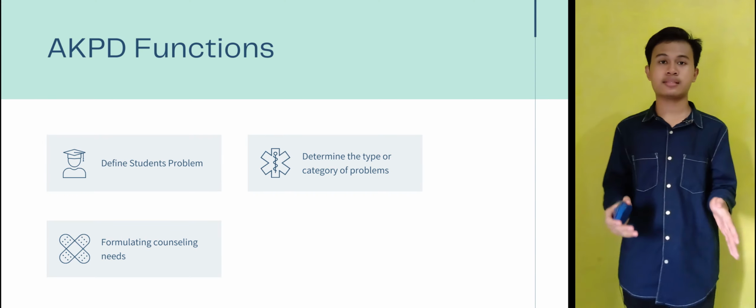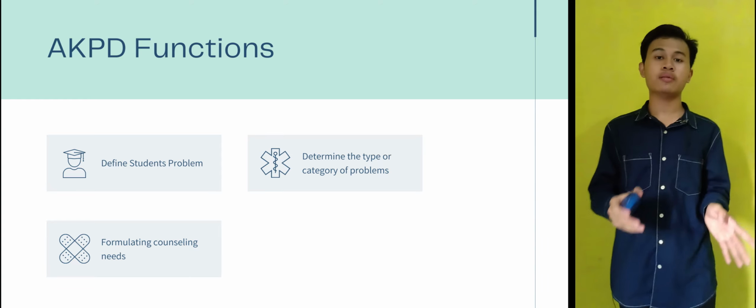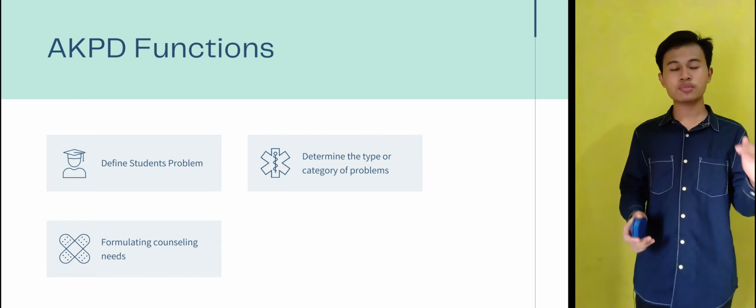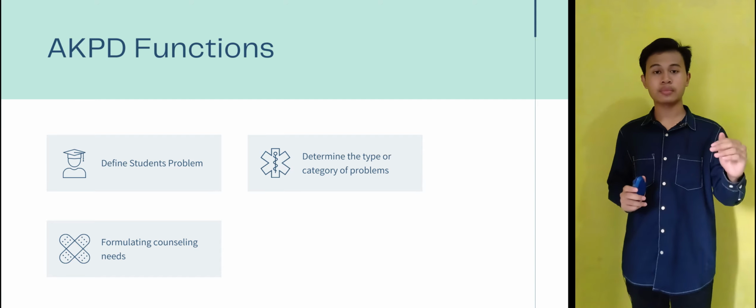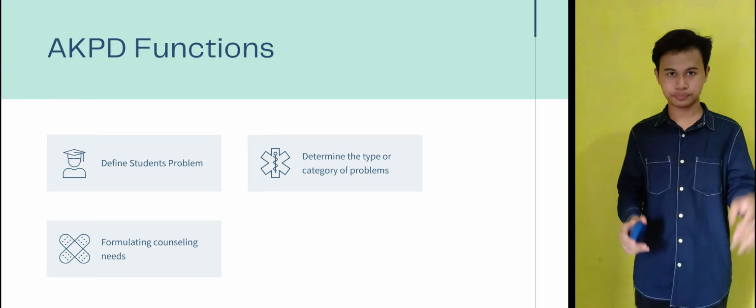Okay, the next is the function of AKPD in 21st Bandung Junior High School. The first is to help students find out their problems that they have or are experiencing.